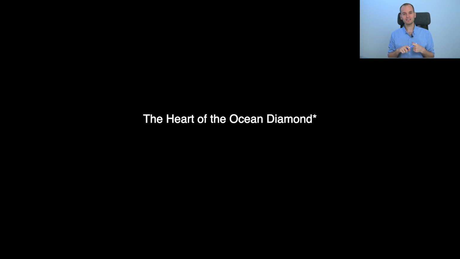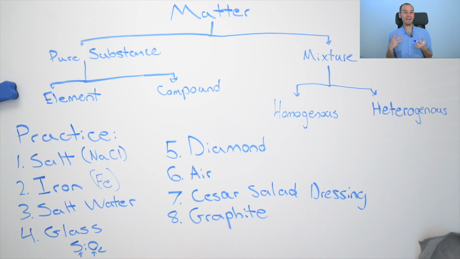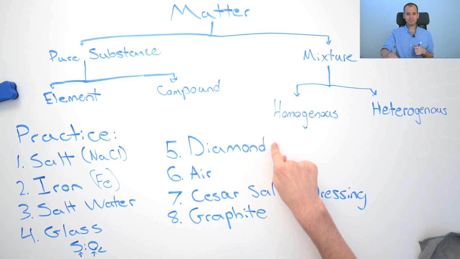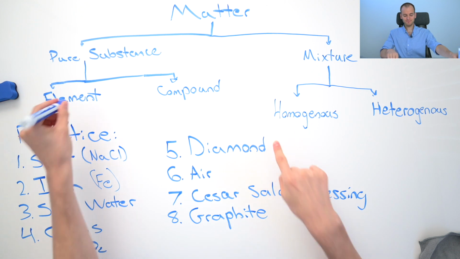A very famous one is the one from the Titanic. Anyways, it's really big and it's blue. It's blue because it actually has trace amounts of boron in it. That boron changes how the light goes through it, and turns it blue. So, pure diamond is pure carbon.